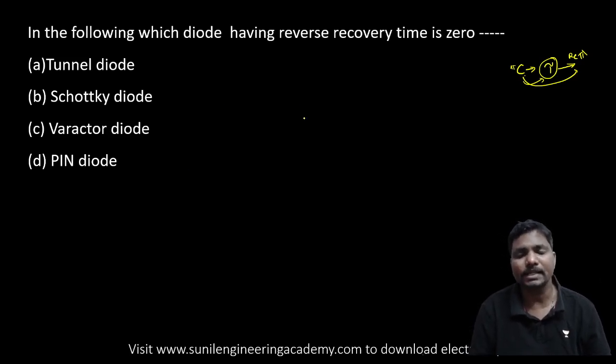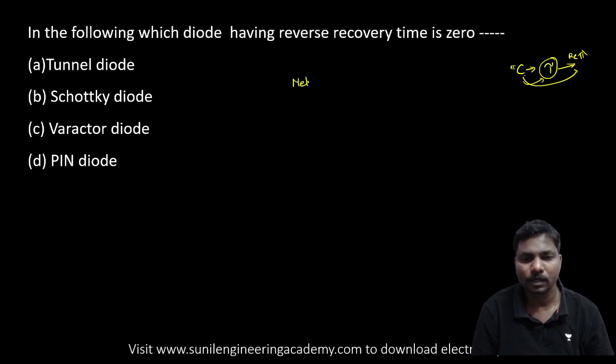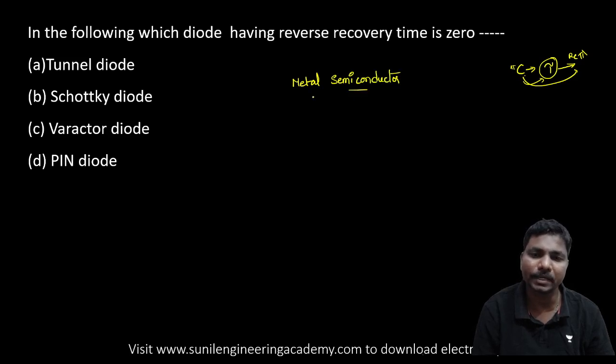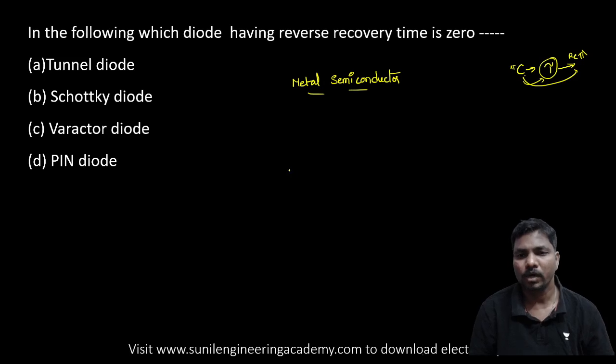But in case of a metal semiconductor diode, I mean the Schottky diode, there is no depletion layer formed. Only metal plus semiconductor.